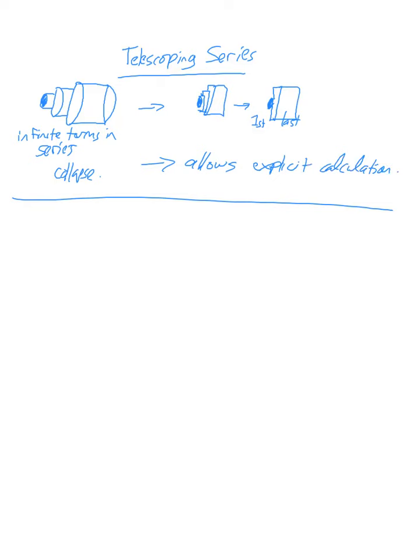It's of the form sum from n equals 1 to infinity of a_{n+1} minus a_n. If I write it out term by term, it's a_2 minus a_1, plus a_3 minus a_2, plus a_4 minus a_3, and so on.